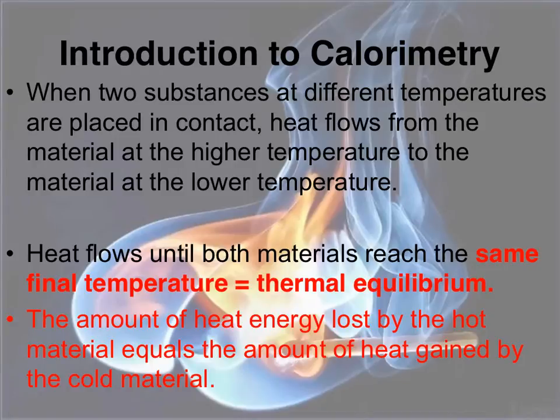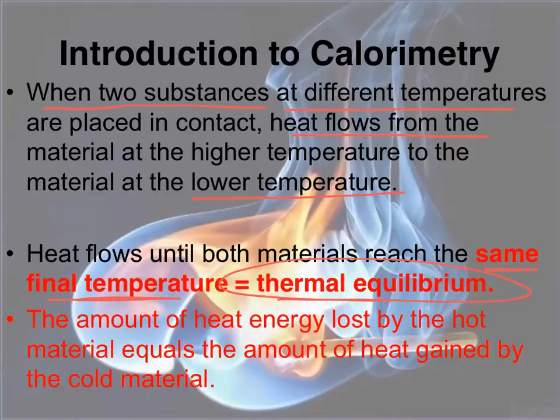Alrighty, so basically, the theory behind calorimetry and using that formula is that when any two substances are at different temperatures, heat will flow from the higher temperature material to the lower temperature material until both materials are at the same exact temperature. That's called thermal equilibrium.